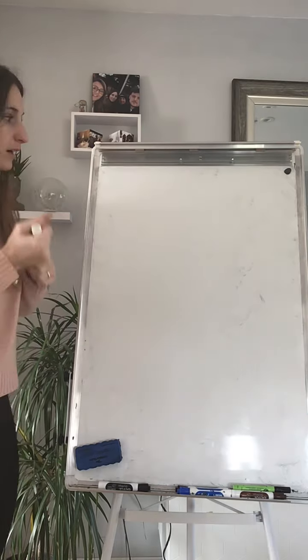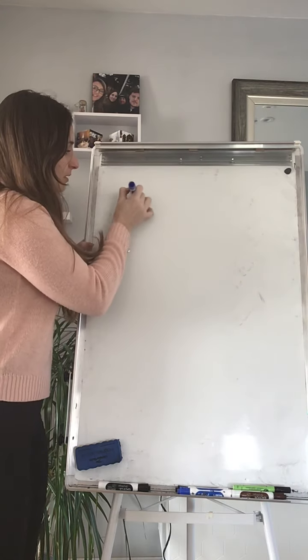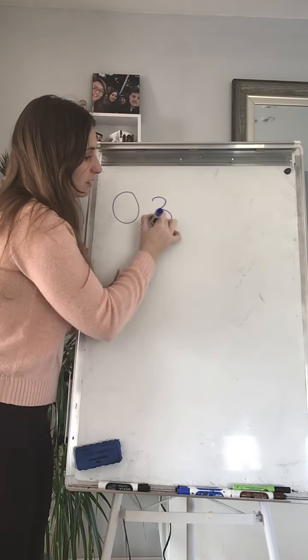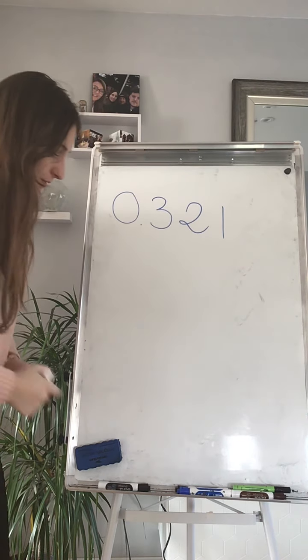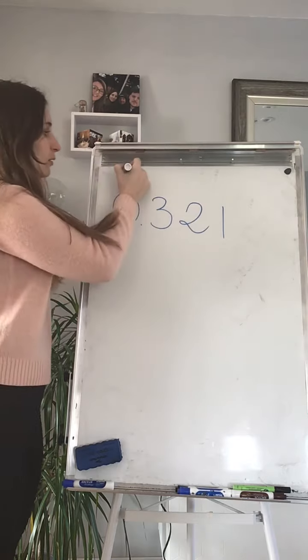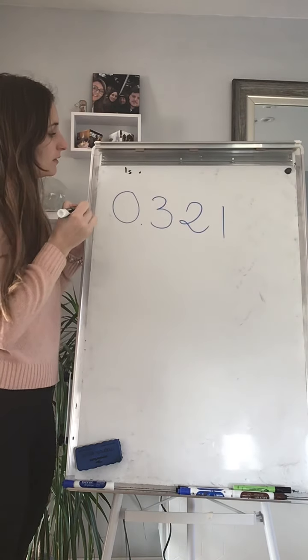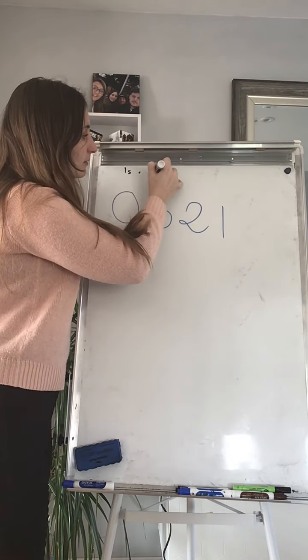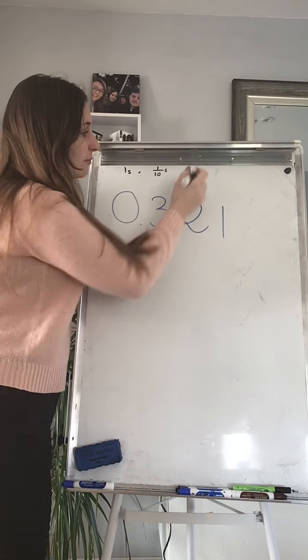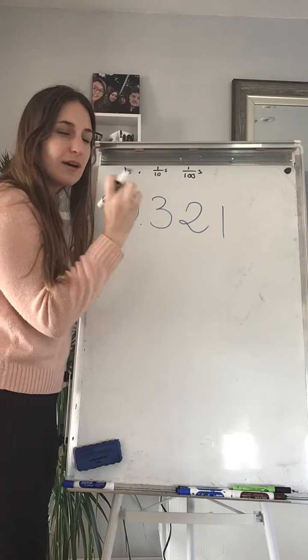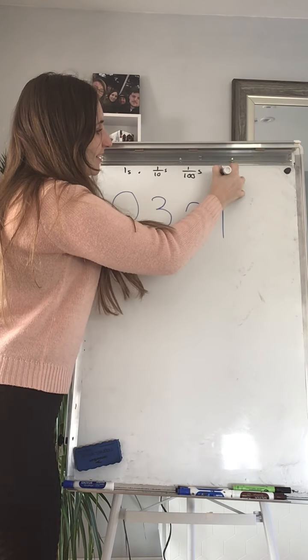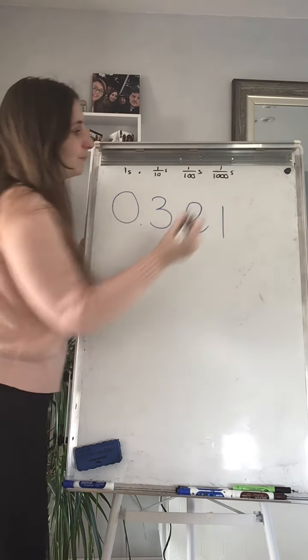So let's start, for example, with 0.321. Let's see the values first. I have my ones, decimal point, I have my tenths, I have my hundredths, and even smaller I have my thousandths. Well done.